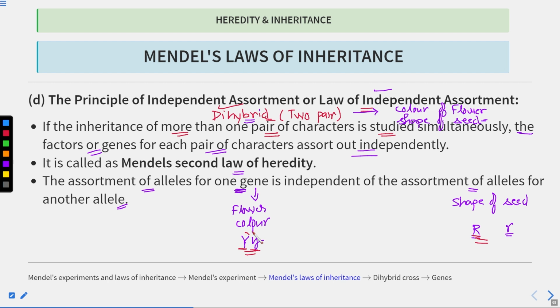The alleles of one gene will assort independently from these genes. And this is seen in the dihybrid cross. This is known as the law of independent assortment, and this is also Mendel's second law of heredity.